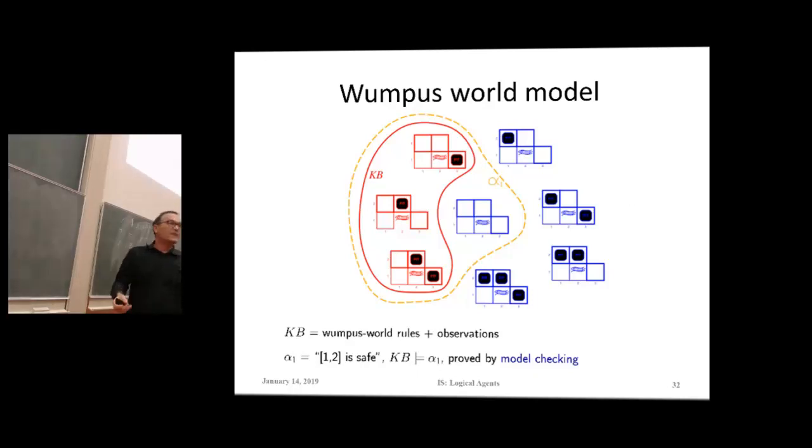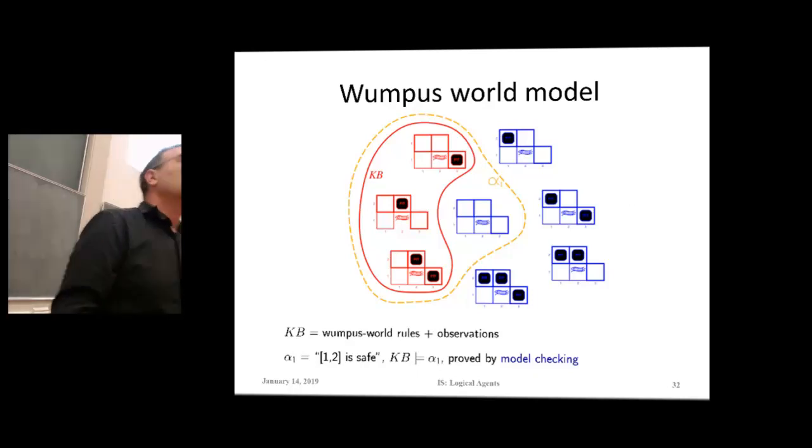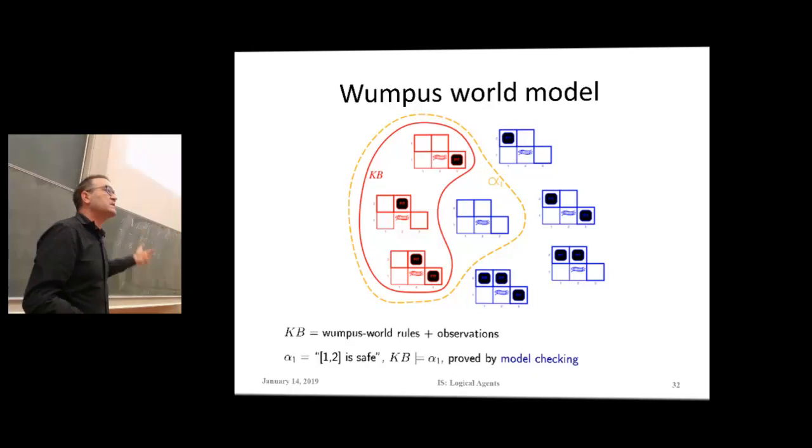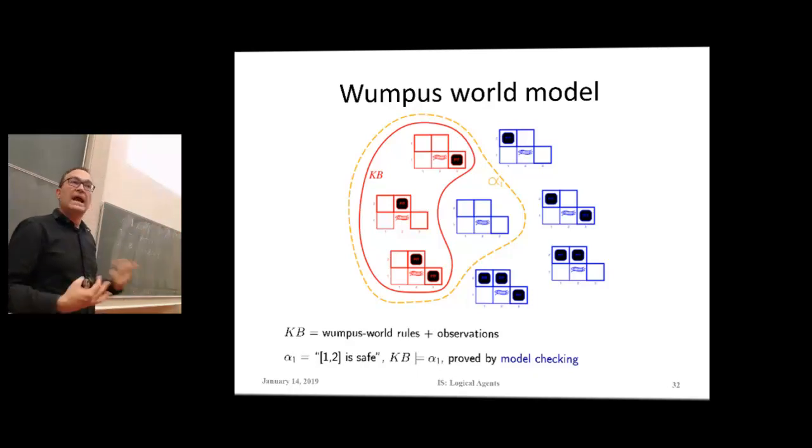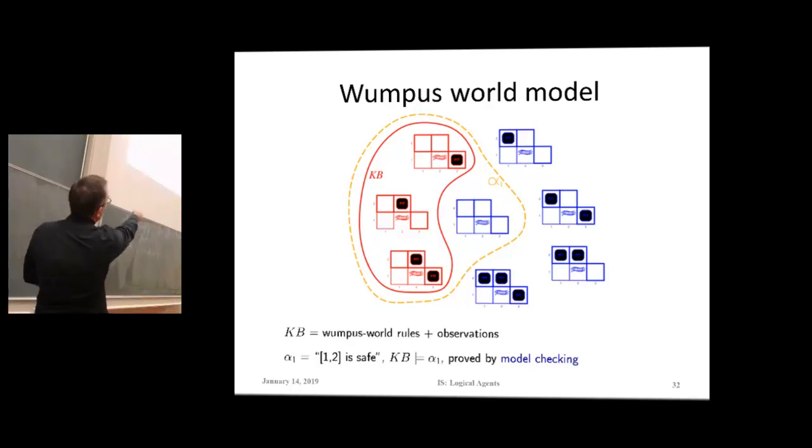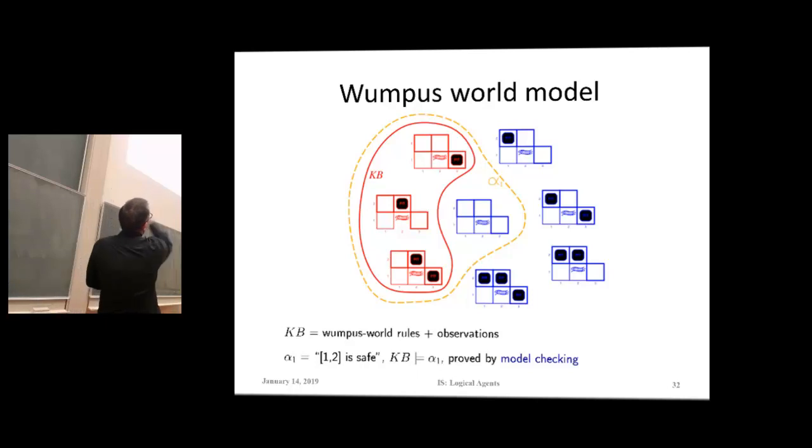We want to find out whether safe 1, 2 is entailed, is true with respect to this knowledge base. Now we have the logical notion here with the question: given the knowledge base of the Wumpus world rules plus the observation that we had being in 1, 1 and in 1, 2, is 1, 2 safe? Or in other words, is safe 1, 2 entailed by the knowledge base?